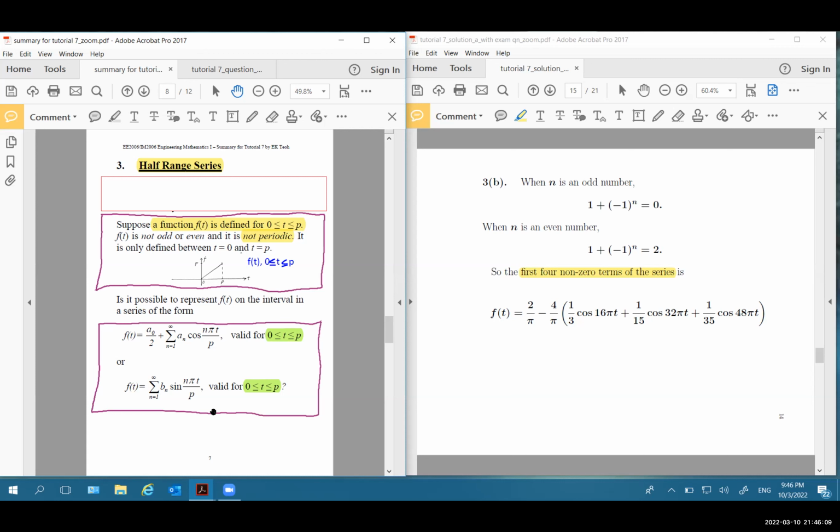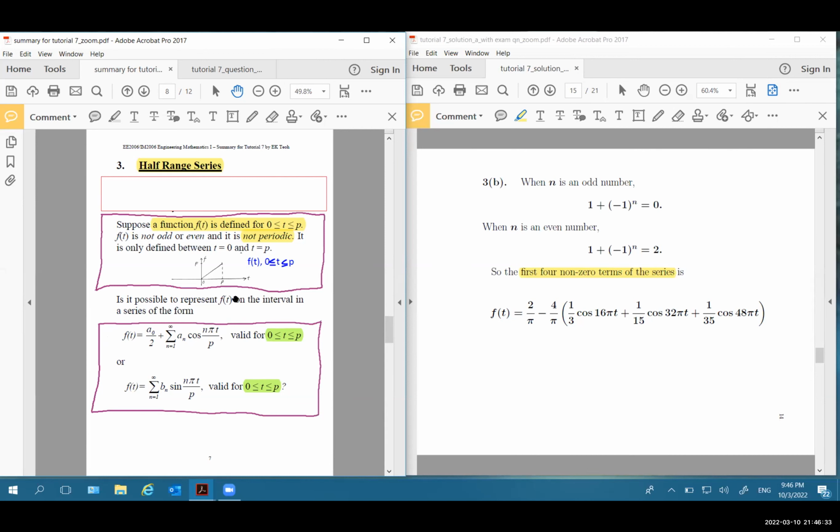So this EE 2010, the whole course is about Fourier series. So you see our Fourier series is used in signals and systems. Therefore, although the function is not periodic, you still want to write it like a Fourier series. So how do we do that?